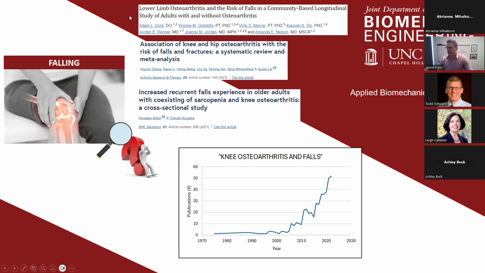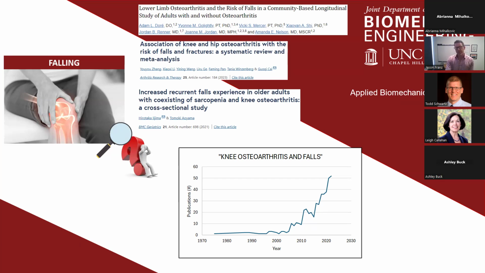You can see colleagues that are on the line right now recognizing this, but it's really been recently where the number of publications have started to soar. And one of the things that's most pointed to here is a decrease in the integrity of sensation, proprioception, somatosensation. And so I really want you to keep that in mind about perception and sensing problems in individuals with osteoarthritis.